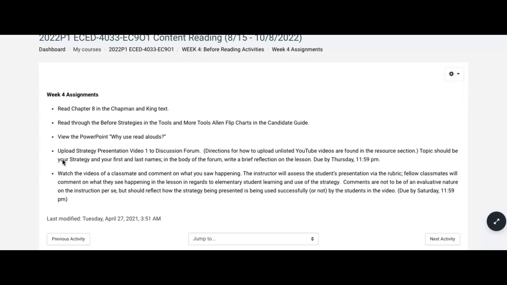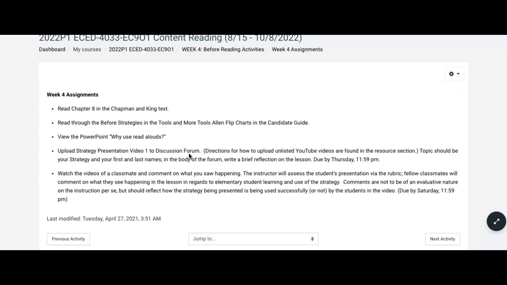You should have the topic, your strategy, first and last names, and then in the body of the forum, remember you're going to write those look-fors that we need to look for when we're watching, and you're going to write a brief reflection of that lesson.